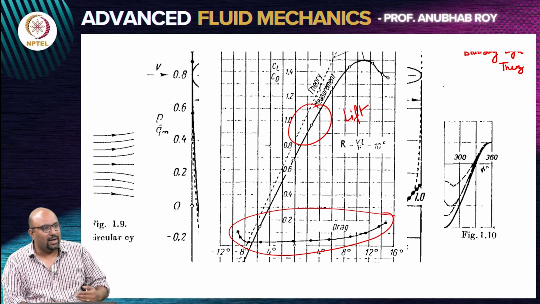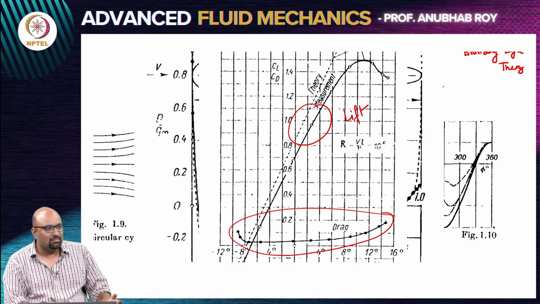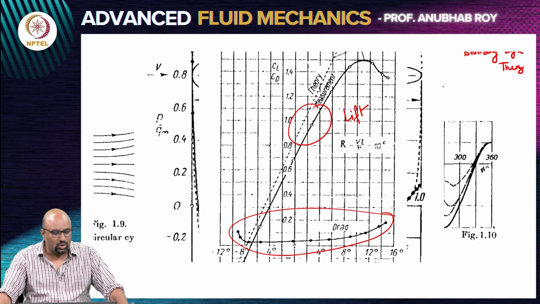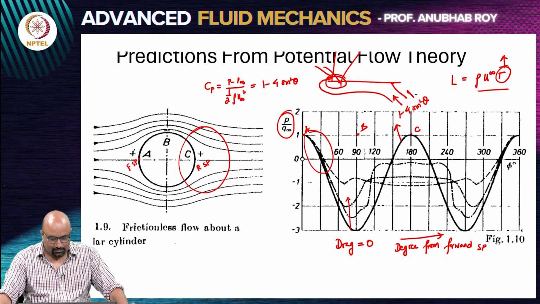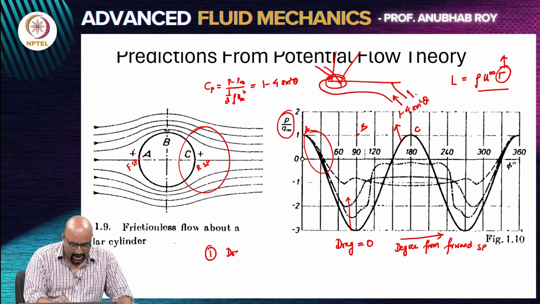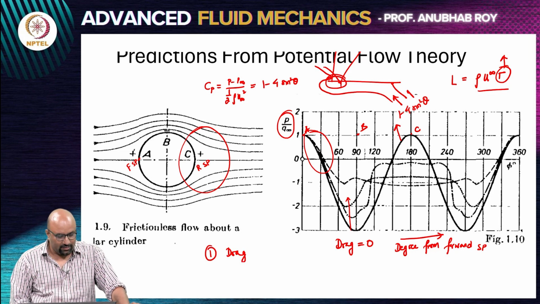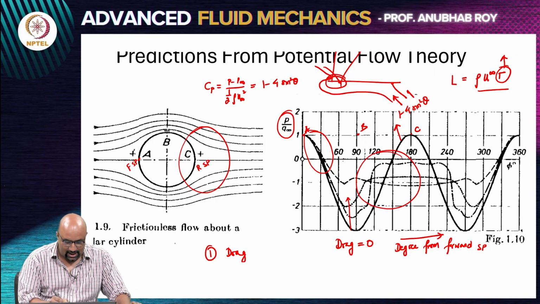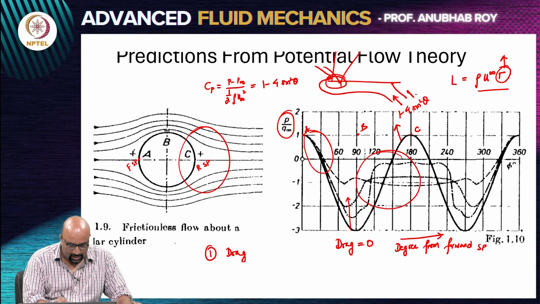So, this is the beginning of what we are going to do next. Our discussion next will primarily focus on two things. One is the aspect of drag, and the second aspect, which is also quite fundamental, is related to this diagram here of the pressure asymmetry, which has to do with separation.